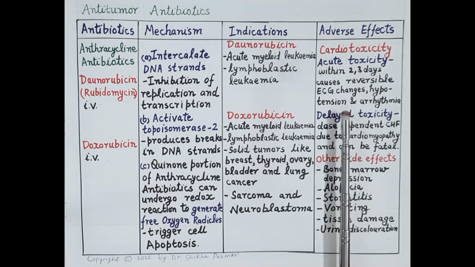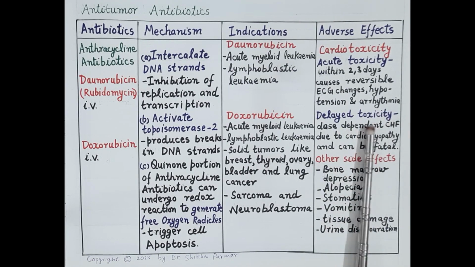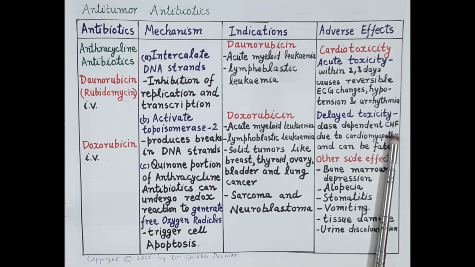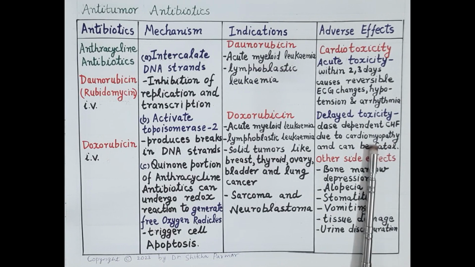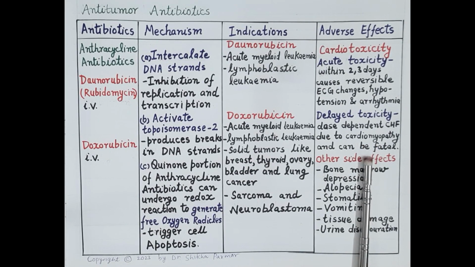It can also cause hypotension and arrhythmia, but all these changes are reversible. Now, delayed cardiotoxicity can cause dose-dependent congestive heart failure. Now, this congestive heart failure occurs because of the cardiomyopathy, that is because of the diseased heart muscles. Now, this congestive heart failure can be fatal also.